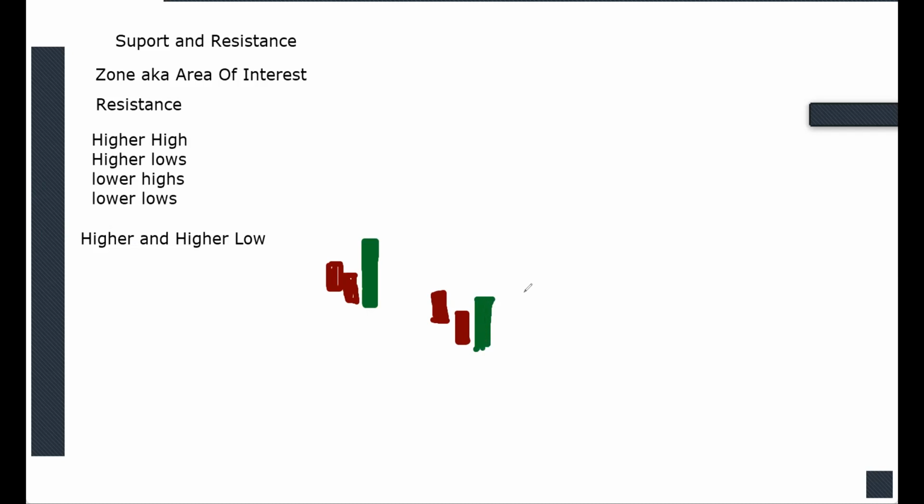Would you get in a buy right here? Yes, I would. And why would you? I believe, taking a guess, honestly, they hit the support and are going back up, and it surpassed the lower low. Okay.